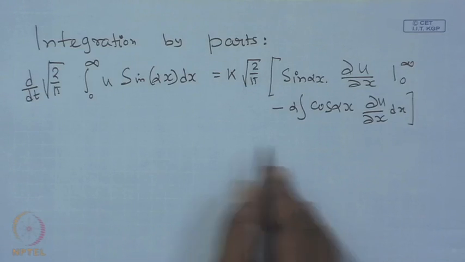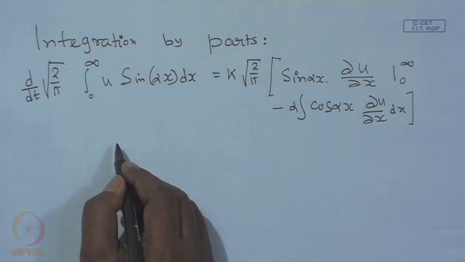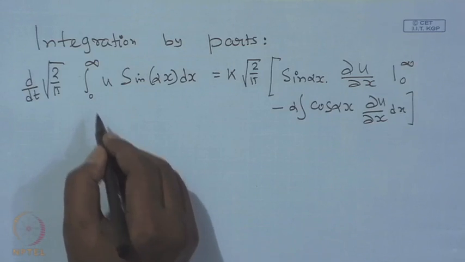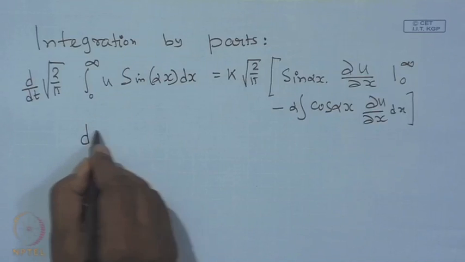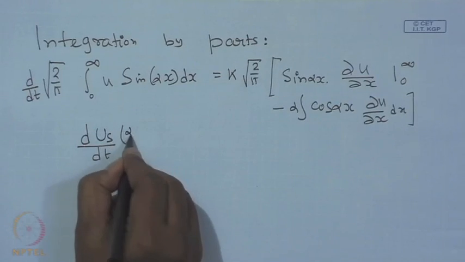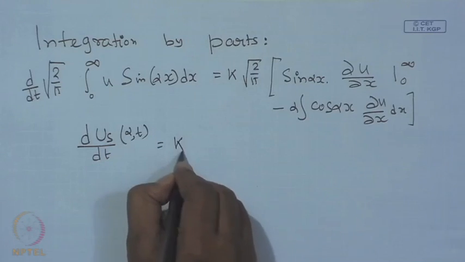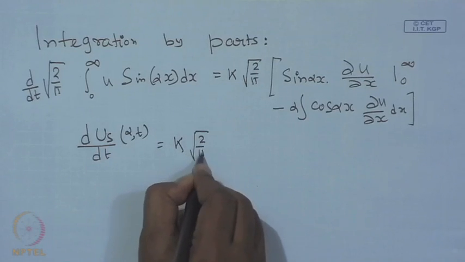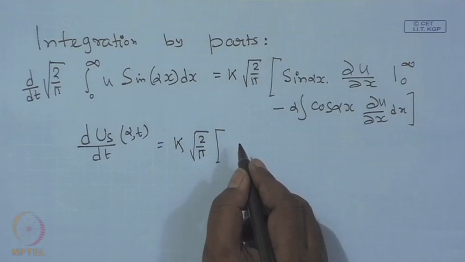Let us see what we get on the left hand side. In the left hand side, we get the Fourier sine transform of u. So, it will be d u s dt, where u s is nothing but a function of alpha and t, and this will be k root over 2 by pi, sin alpha x del u del x.